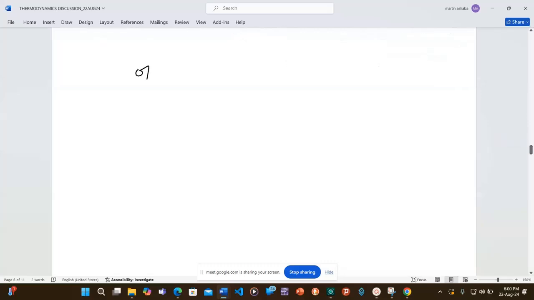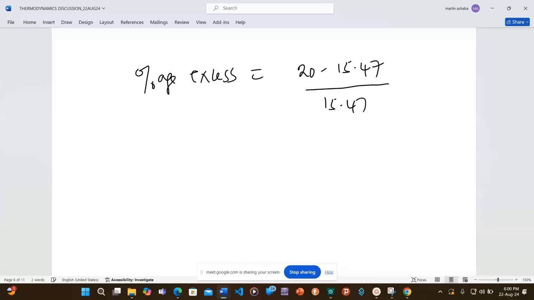So the percentage excess will therefore equal to 20 minus 15.47 divided by 15.47 times 100. So the answer is 29.28%.